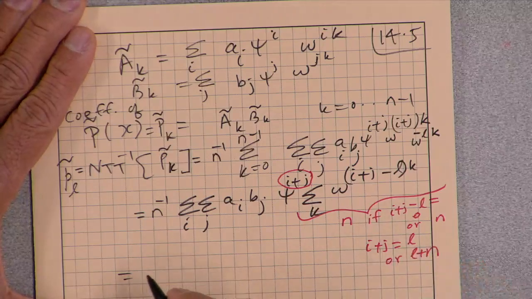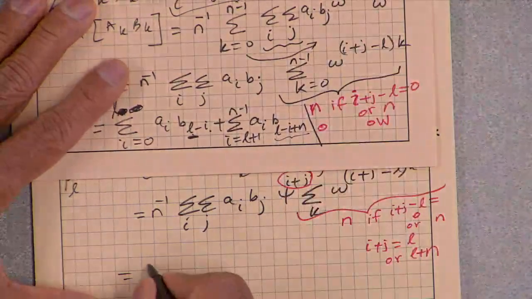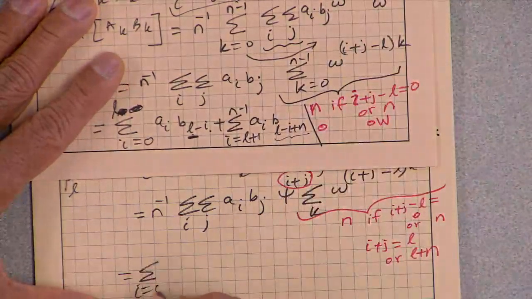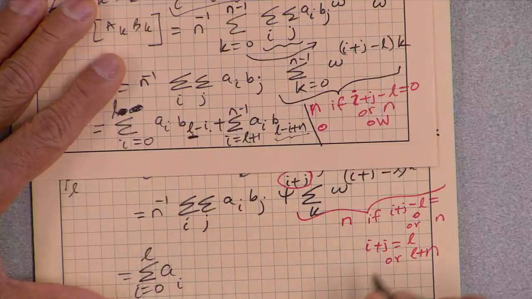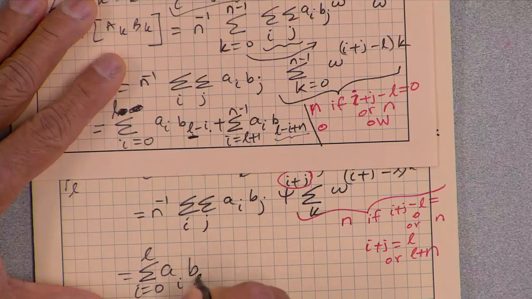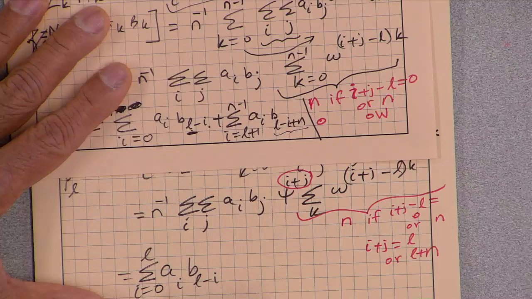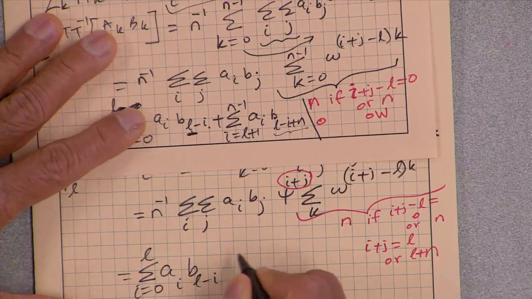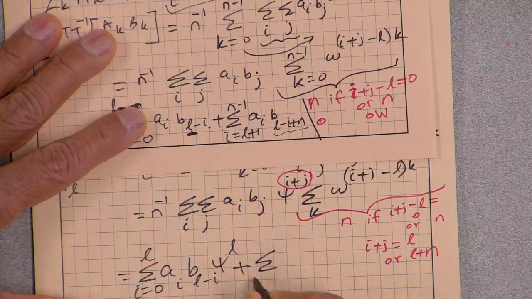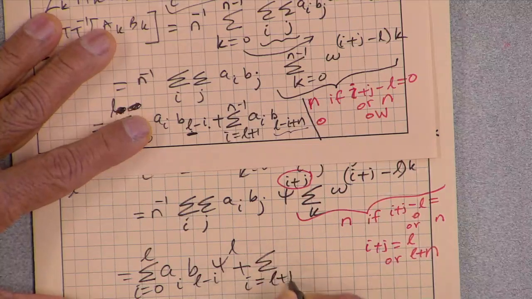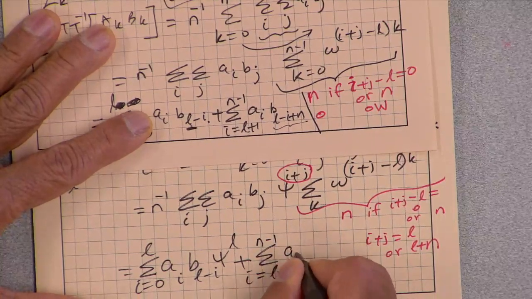So I can write this again as two different sums, but now this will be i equal to 0 to L, a_i, and j is going to be L minus i, times psi to the power i plus j, which is L. For the next term, i equal to L plus 1 to n minus 1, a_i.